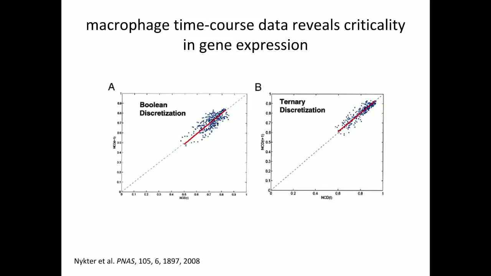So then we tried applying this to macrophage data. So this is this immune cell type that I mentioned. And we actually had time series data after stimulating the cell with different ligands, so different bacterial pathogen-associated ligands. And measuring many different states at different time points, we were able to construct an empirical version of this Derrida curve. So take 2 states, measure the information distance, put it on the x-axis.